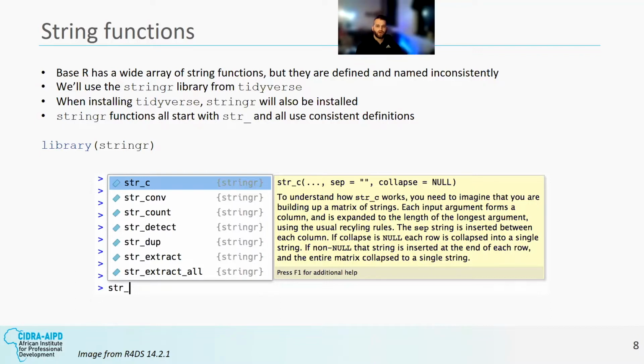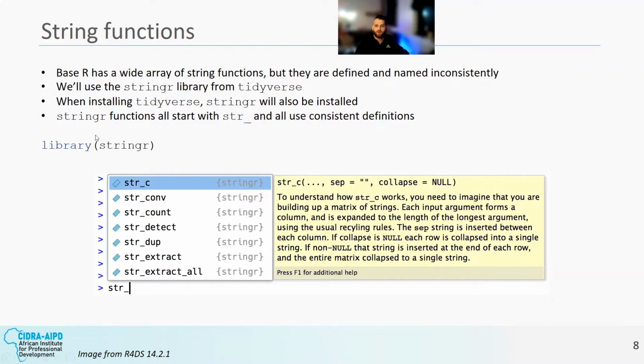So what we're going to do in this presentation is use the stringr library from Tidyverse. So if you install the Tidyverse in your R environment, that will include stringr. The really nice thing about stringr is that first, all the functions start with str and the underscore, and they all use very consistent definitions in their functions.